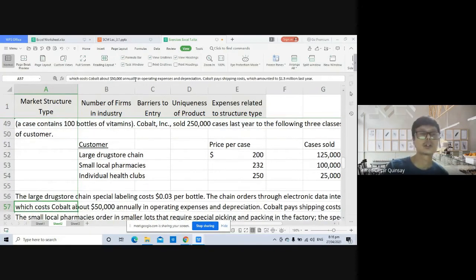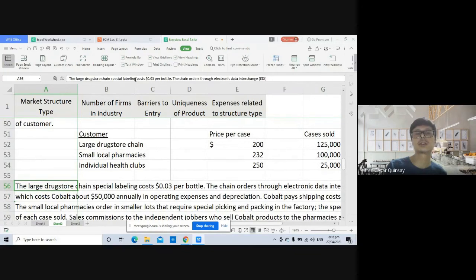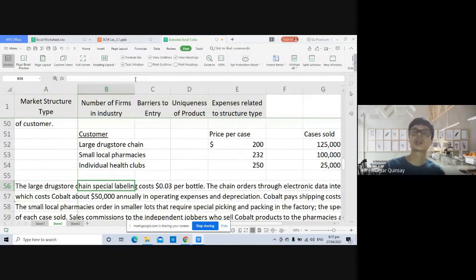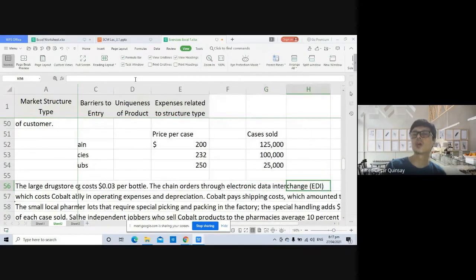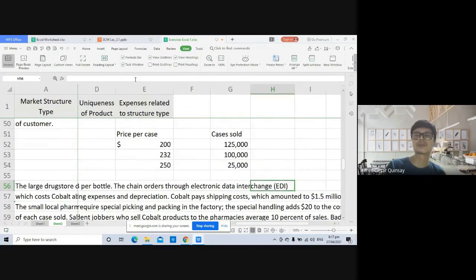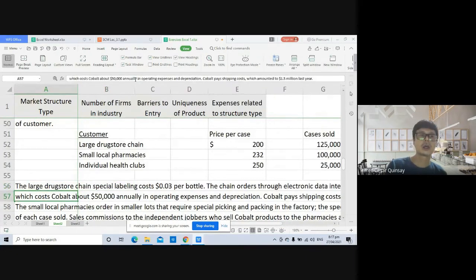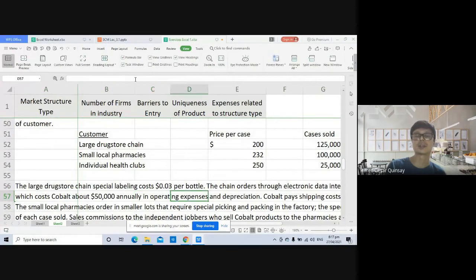So, large drugstore chain special labeling cost 0.03 per bottle. So meron pa rin silang labeling cost na kailangang i-incur. The chain orders through electronic data interchange or EDI, which cost Cobalt about 50,000 US dollars annually in operating expenses and depreciation.